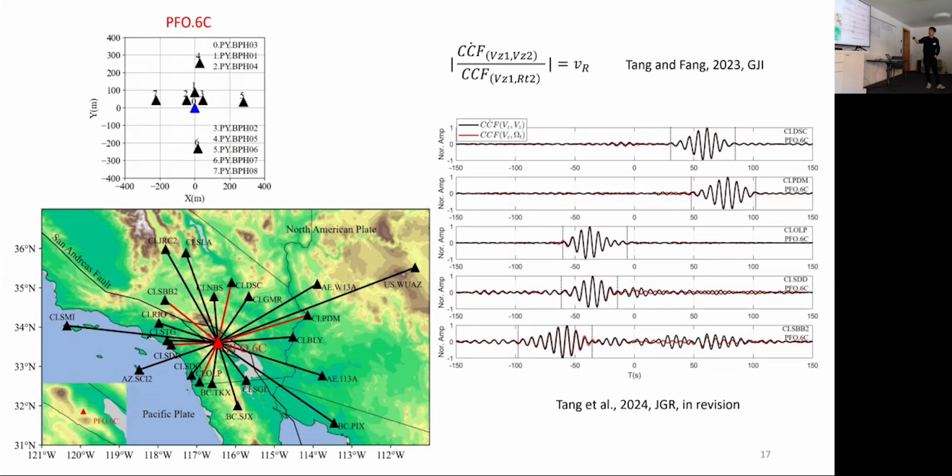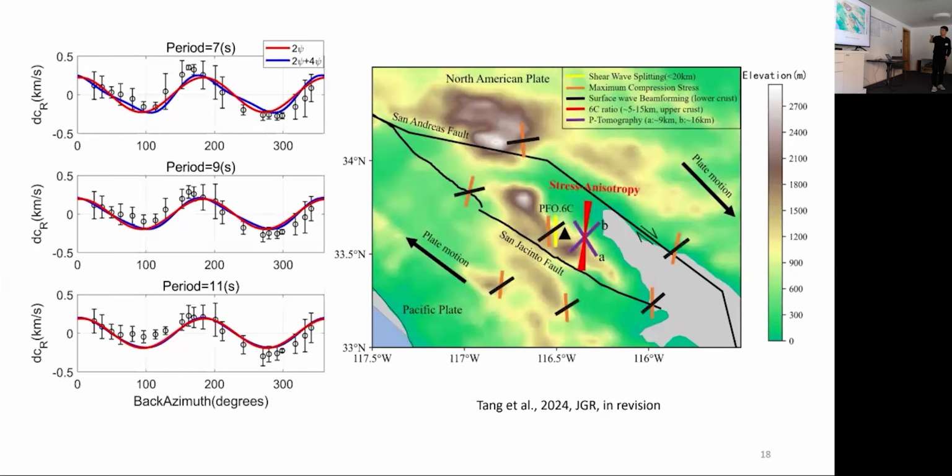After we obtain the cross-correlation function, we can use the amplitude ratio, as this equation shows, to estimate the phase velocity. This is the left figure. You can find the phase velocity in the back azimuth domain, and the phase velocity has a 2-theta term. It is an anisotropy term for the Rayleigh waves. Here we just focus on the Rayleigh waves because for Love waves the amplitude is quite complex.